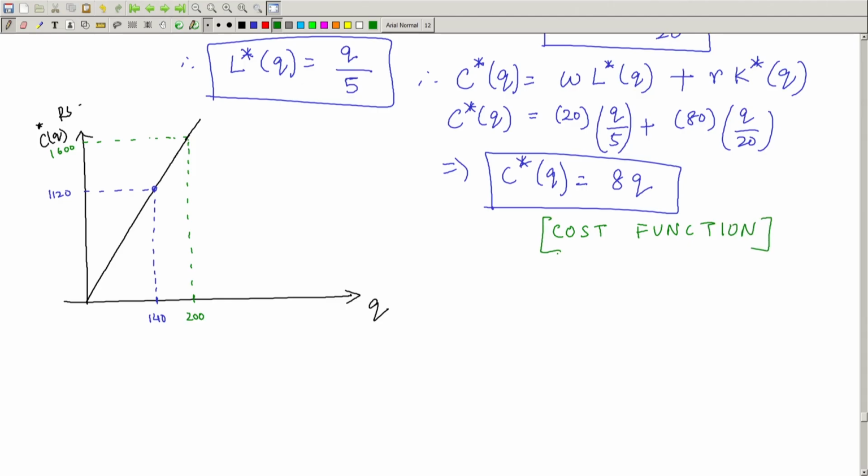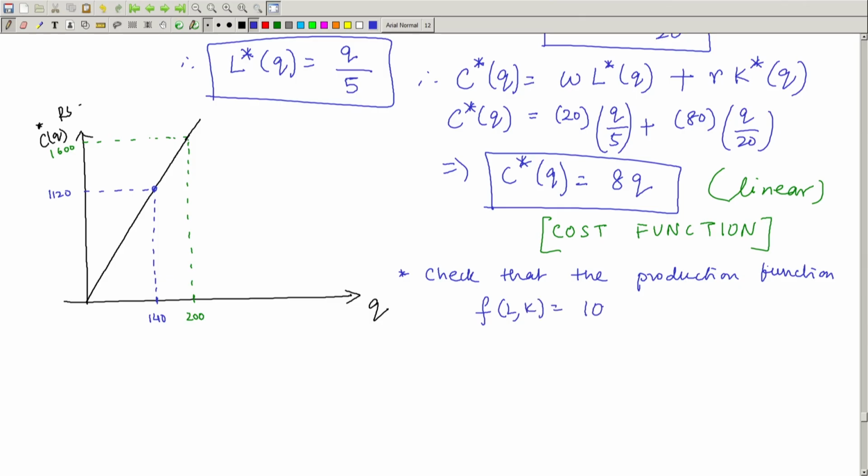Right. Now, this cost function for this example turned out to be linear. That also has something to do with your production function. I will ask you to check that the production function F(L, K) equals 10 times the square root of LK for this example exhibits constant returns to scale.